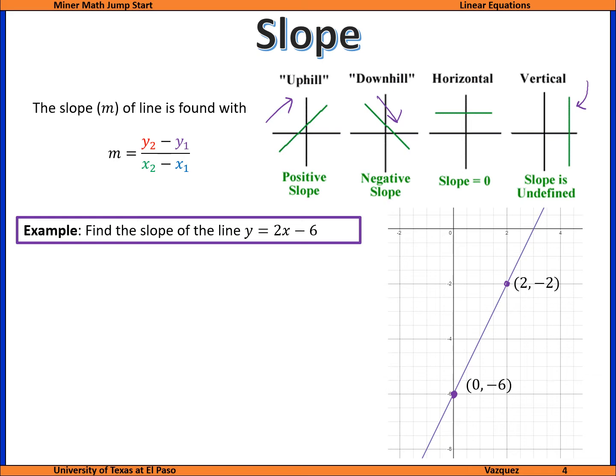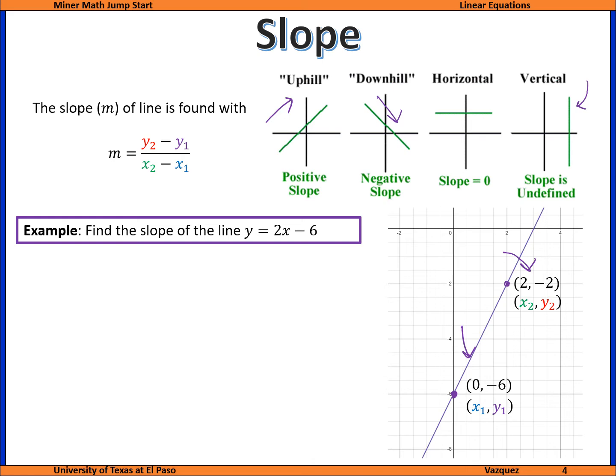Right? Any 2 points on the line will work. I just chose these to work with. So I'm going to label 0, -6 as x1, y1, and 2, -2 I'll label as x2, y2. Now, can we label instead 0, -6 as x2, y2, and 2, -2 as x1, y1?